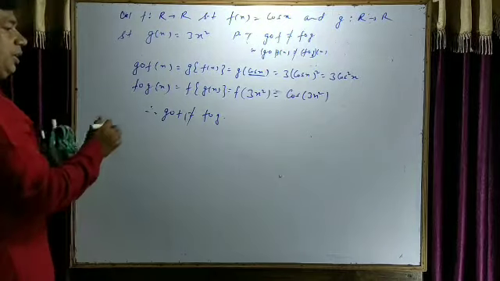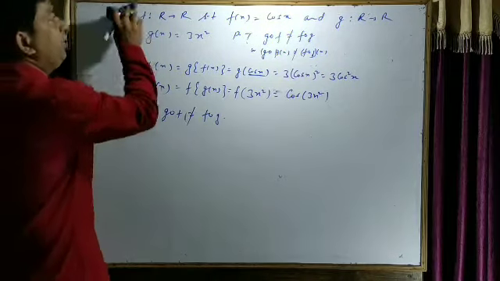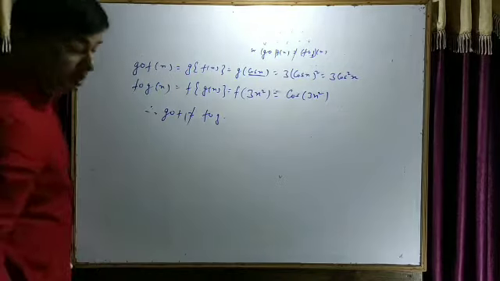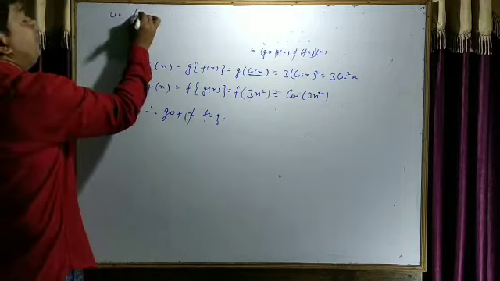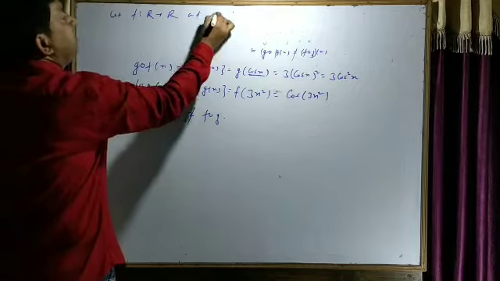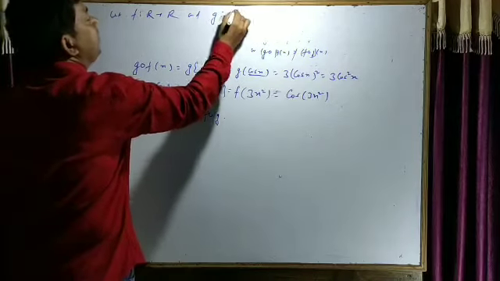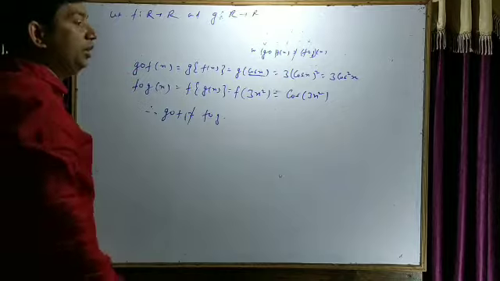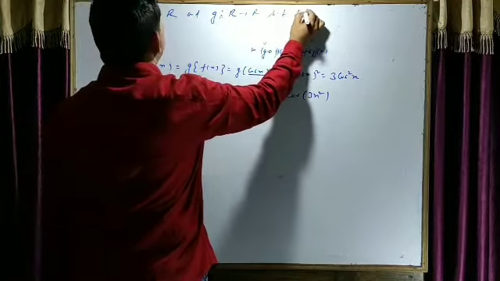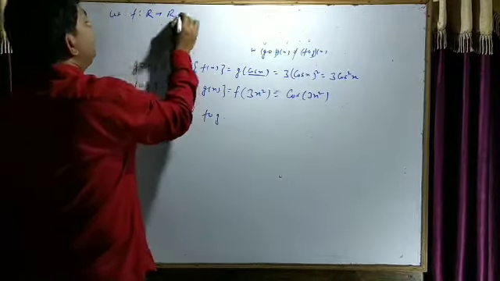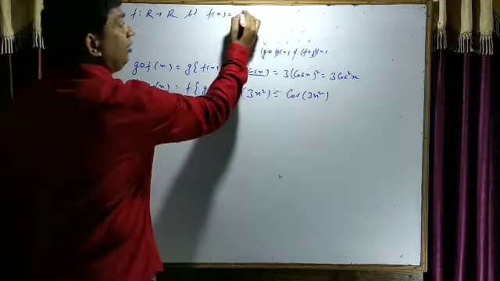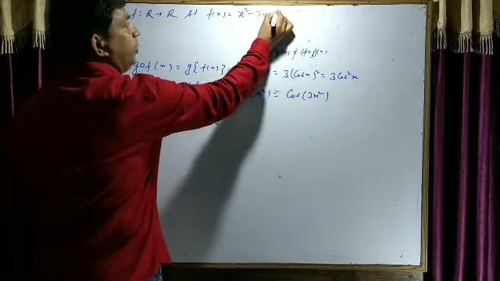Some more questions you take. First you write first. Let f be a function from R to R and g be a function from R to R, here also real numbers, such that f x, the value of f x, is x square minus 3x plus 2.